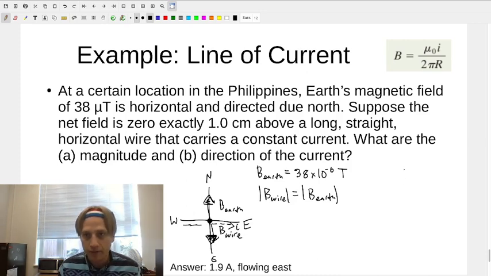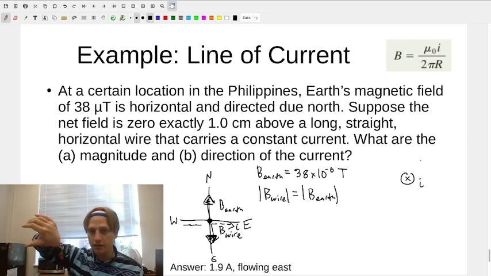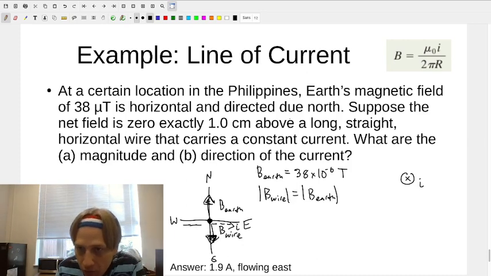There's your eye. So just to picture this in another way, let's suppose my eye were going into the page. In that case, my B wire would be like this, and then my B earth would be going like this.